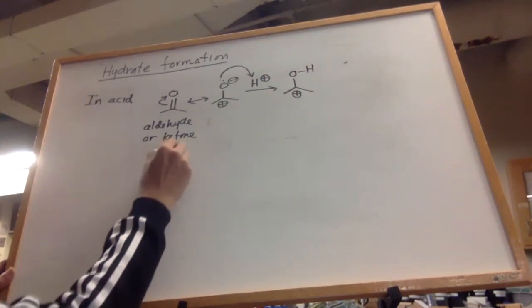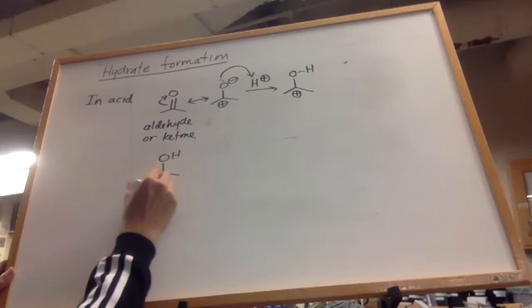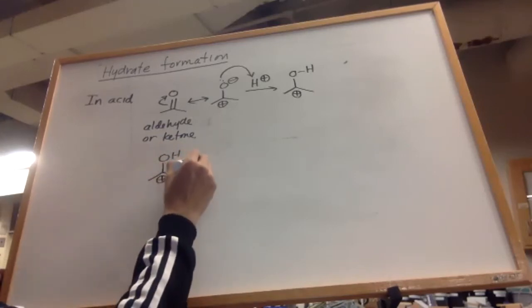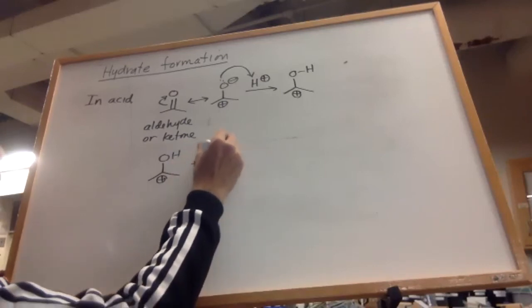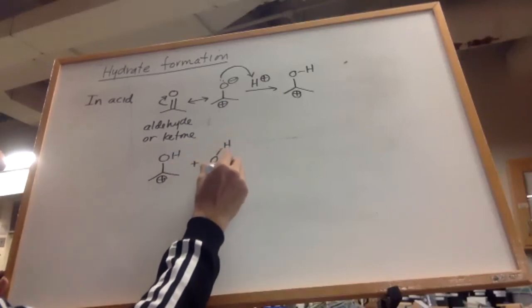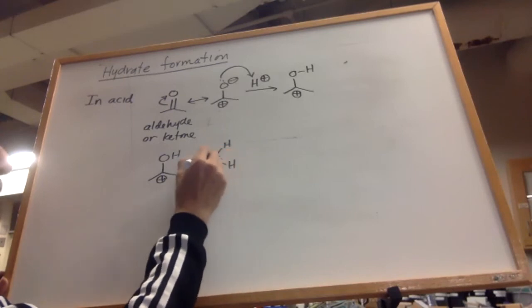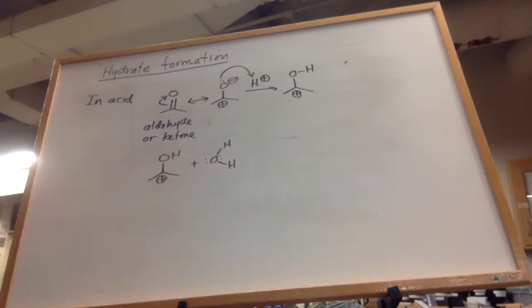Okay, we're here now. Next step is going to be the attack of the nucleophile on the carbonyl carbon. Our nucleophile in hydration is water. And remember, a nucleophile is something that's electron rich.